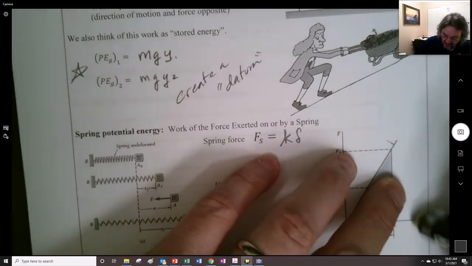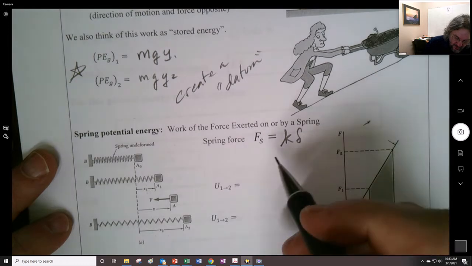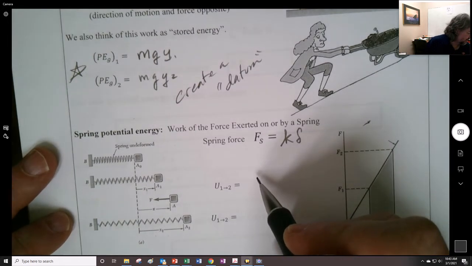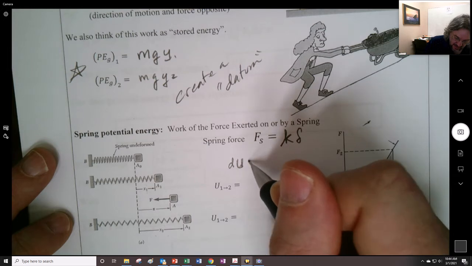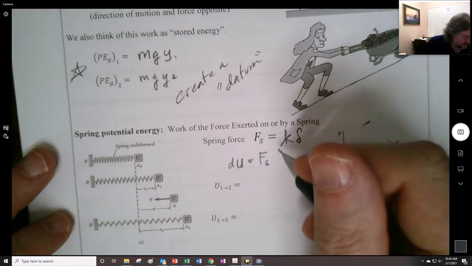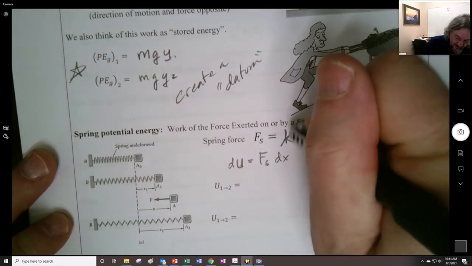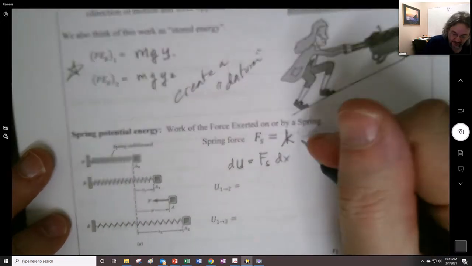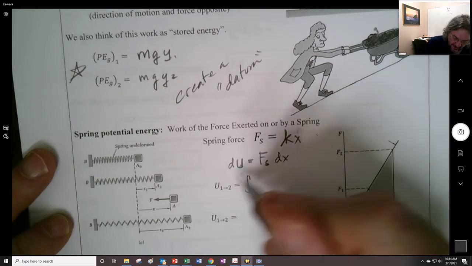I guess I'll leave it as x. We decided to keep it in there. So what we can say is that the incremental U, that's supposed to be capital U, is going to be Fs times, I guess I'll go dx. So maybe I will leave this as x for right now, but I prefer the del when we get everything said and done. And so we're going to integrate that.